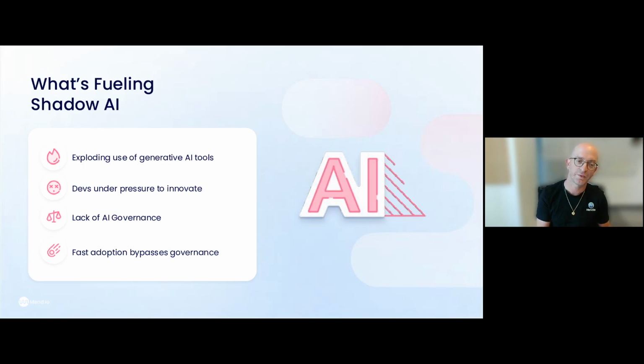And even when there are some attempts, especially with large organizations, to form some kind of governance, the fast adoption usually bypasses those. And we see organizations that practically have very little understanding and visibility into what's going on in their environments.